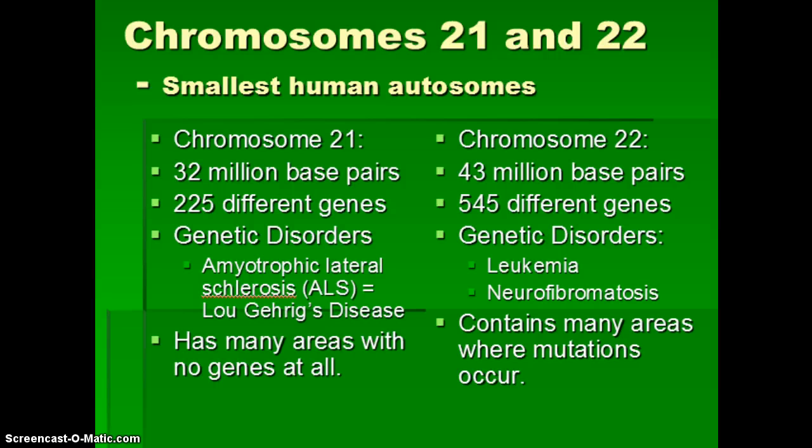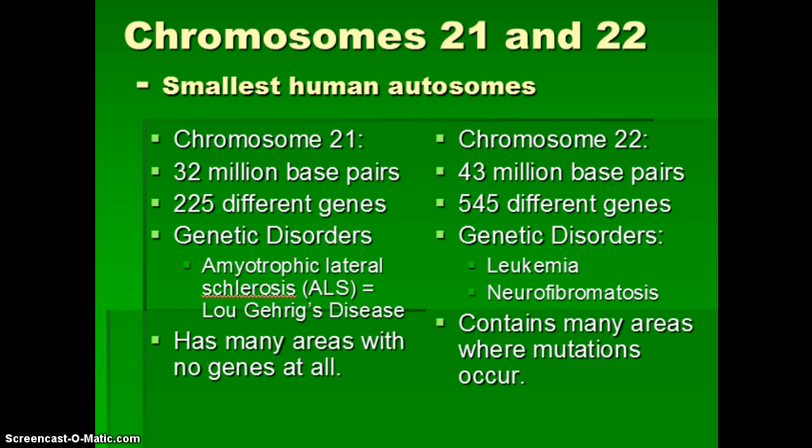So we actually know the genetic sequencing for these chromosomes, and on chromosome 21 there are about 32 million base pairs, so a little bit higher than average, and there are 225 different genes on this chromosome. There are many portions of this chromosome that don't have any genes at all.